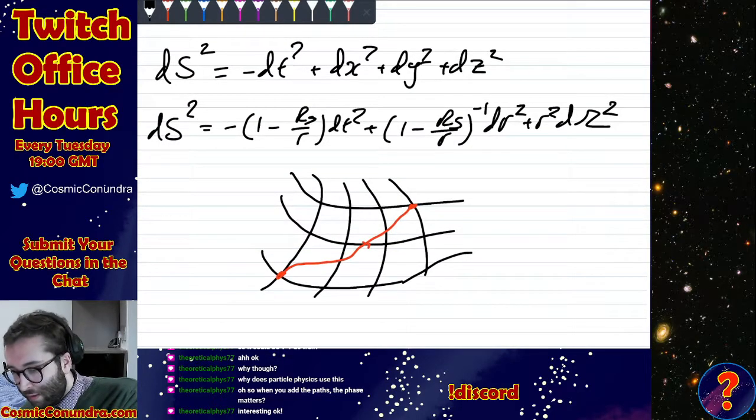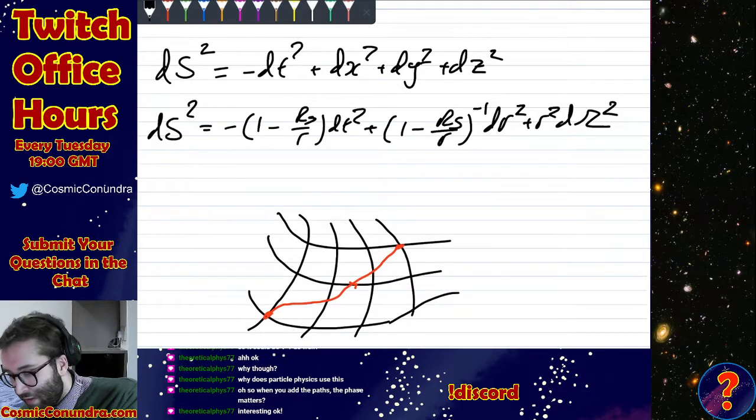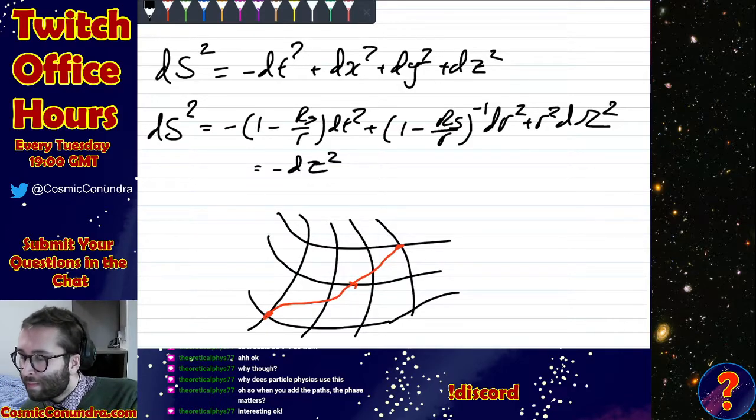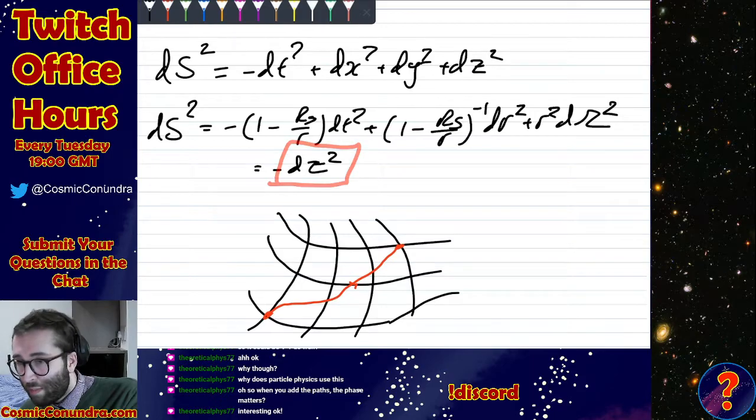To write this space-time interval in terms of proper time, this is just equal to minus d tau squared. The reason for that is that proper time is defined as the time coordinate you measure in the frame where you're at rest, where your spatial position with respect to that frame is not changing.